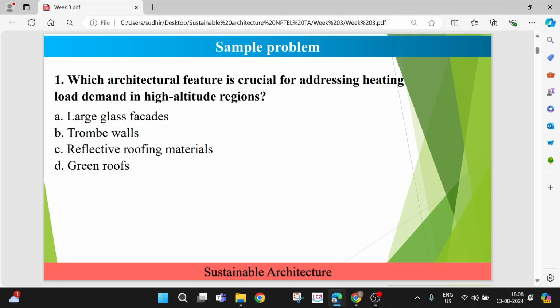So if all of you have understood the Trombe wall very well, then you would be able to link that whenever there is a heating load requirement in the high altitude regions of cold climate conditions, Trombe wall construction will be a beneficial step for reducing the heating load demand. Is it fine, or do you need some more explanation? No, sir. Fine, sir. Okay, then B is the right answer.